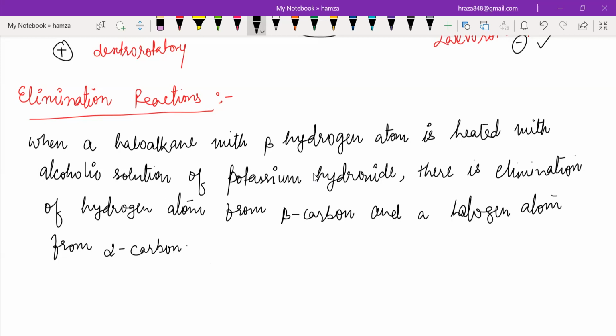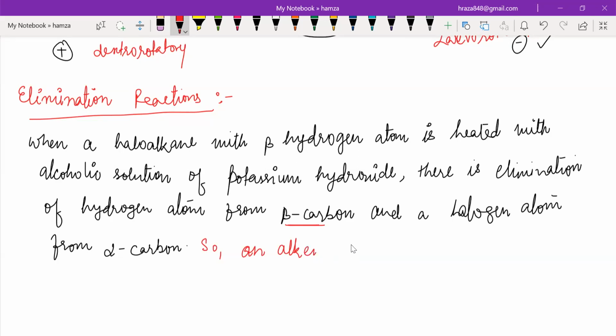So if they are removed, eliminated, an alkene is formed. An alkene is formed because if a bond is broken or removed, in order to get stabilized, carbon will make a multiple bond.